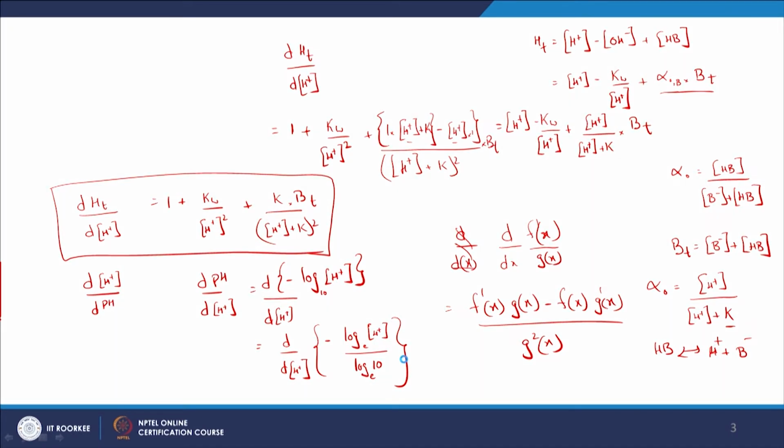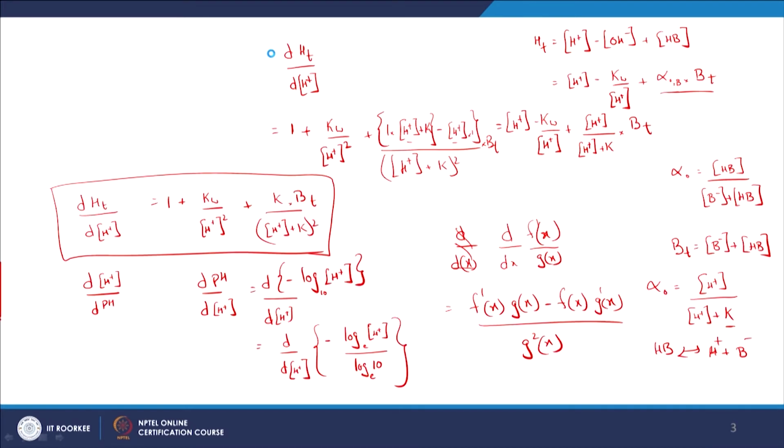So we are trying to calculate the derivative of pH with respect to h plus, and I believe we end up with d by dh plus. So this is what we ended up with, right?